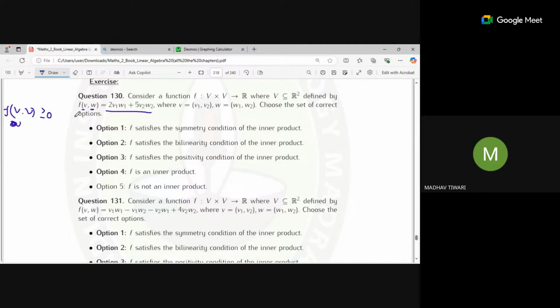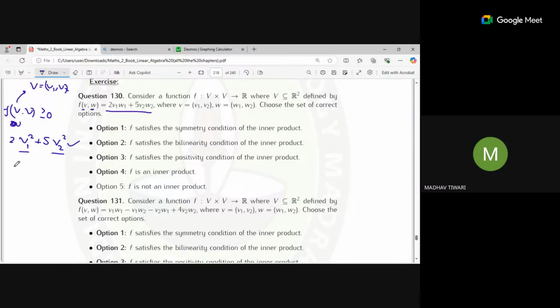If you do it, you will get 2 times V1 square plus 5 times V2 square, because it is a two-dimensional vector. V is nothing but the two-dimensional vector V1, V2. Two components are there. So you can see this is a positive quantity and this will always be positive except the case when both are 0. Then only you will get the value 0 here. So this satisfies. Next is the commutative property.